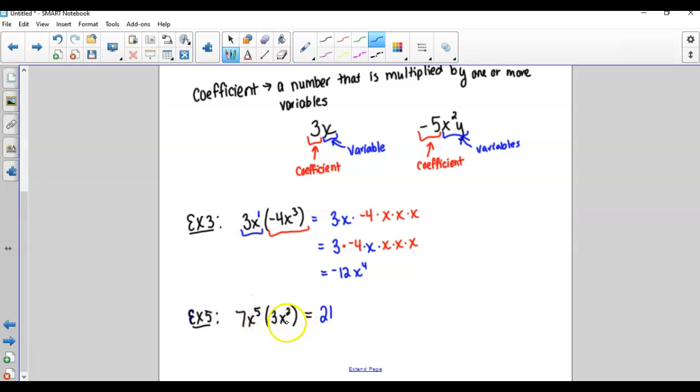So x to the 5th times x squared is going to give us x to the 7th. We add those exponents together there. So in this case, we multiply the coefficients, those big numbers, the 7 and the 3 in this case, and we add the exponents.